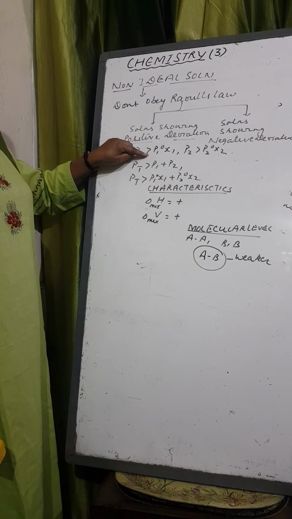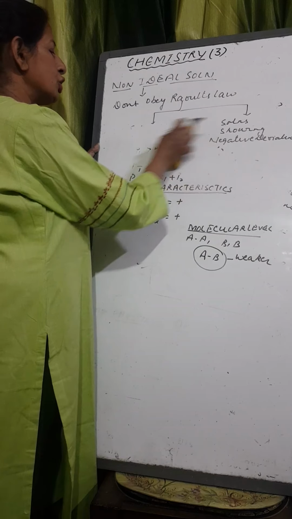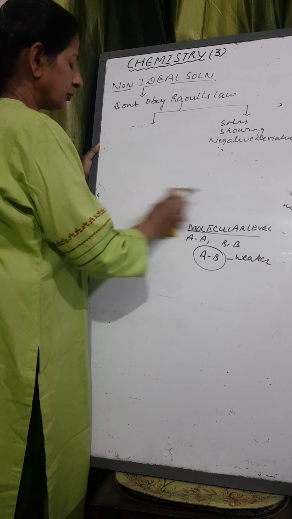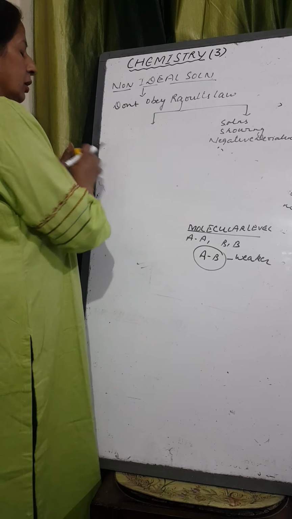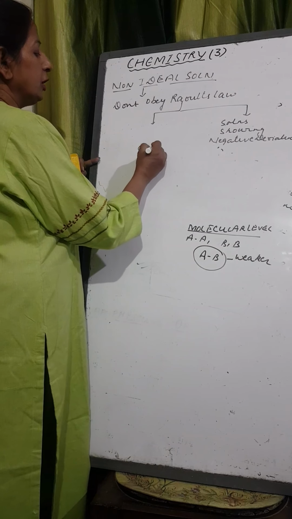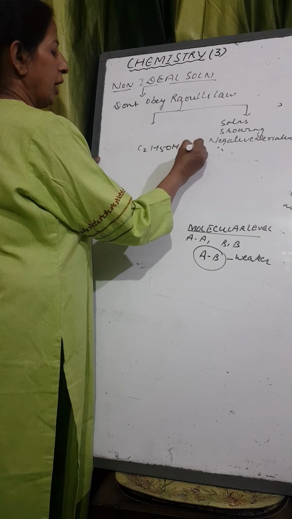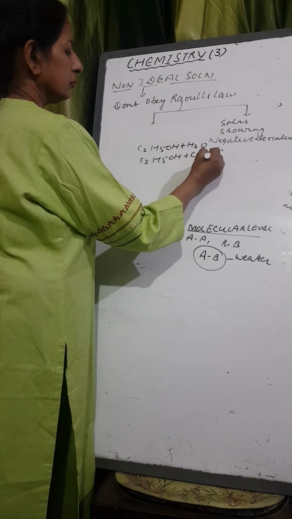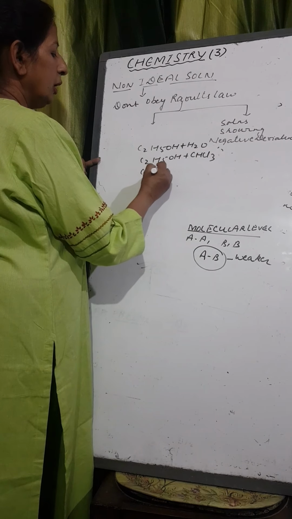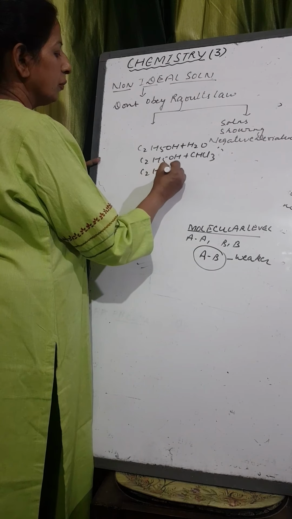Let's see some examples of solutions showing positive deviation. Solution of ethanol and water, C2H5OH and water, ethanol and chloroform, ethanol and acetone.